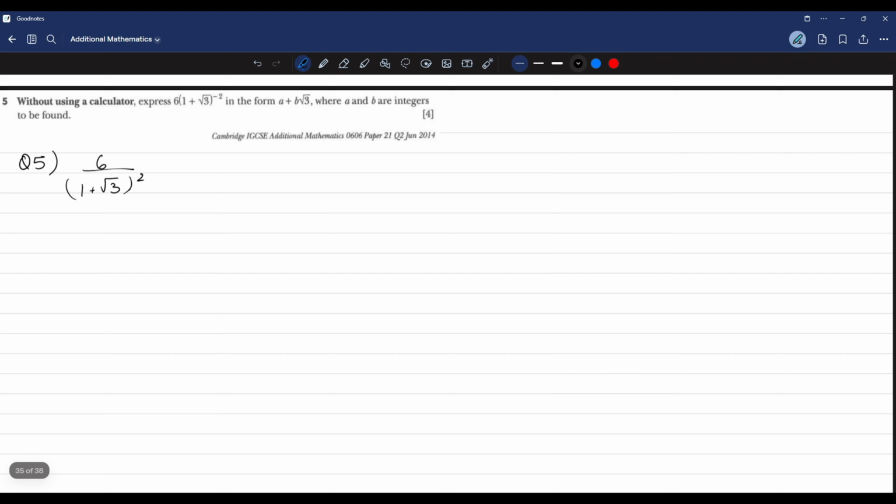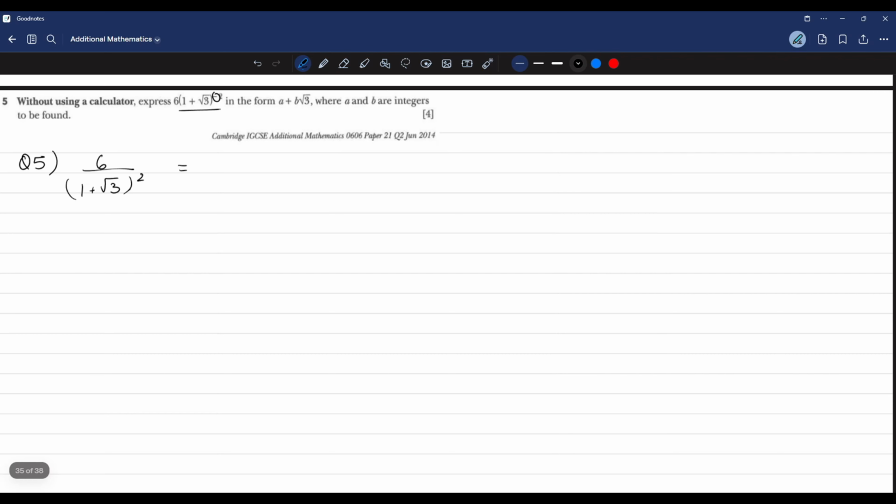I hope you understand this. I brought this thing below into the denominator because it has a negative power. As we know, we should not have any surd in the denominator, and that's why this is not our favorable equation. So how are we going to simplify this?